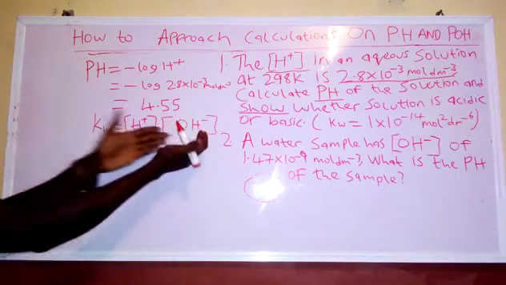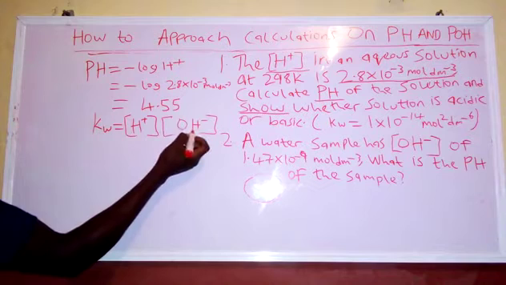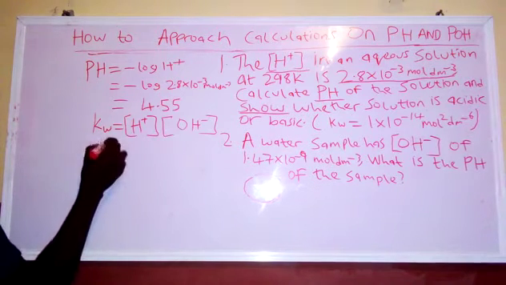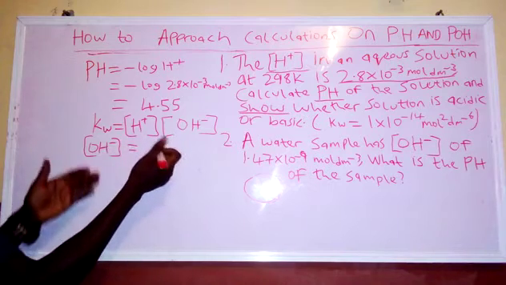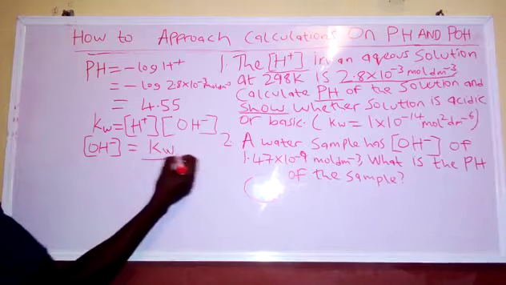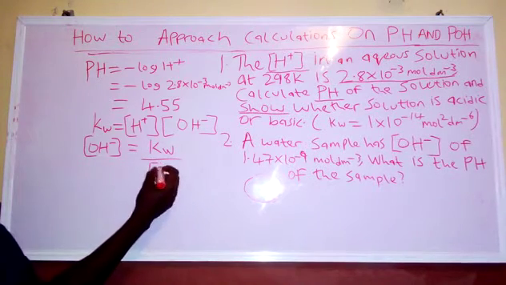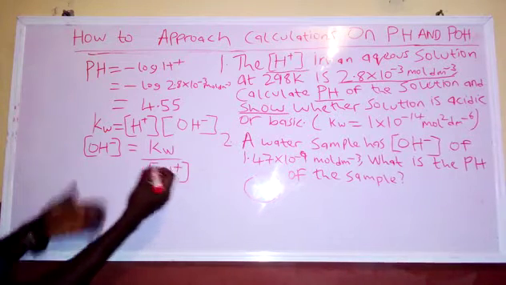Now if we are looking for hydroxyl ion, we make hydroxyl ion the subject of the formula, so our hydroxyl ion concentration will be the ionic product of water over the hydrogen ion concentration. Can you see?